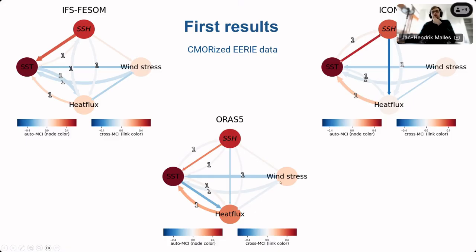But what's also visible is this conflicting link here between heat flux and wind stress, and this is actually found in all of those. I think it might be related to the fact that the wind stress should actually also influence the heat flux, and then I think the algorithm has some trouble with this lower part here, so these connections between wind stress, heat flux, and SST.